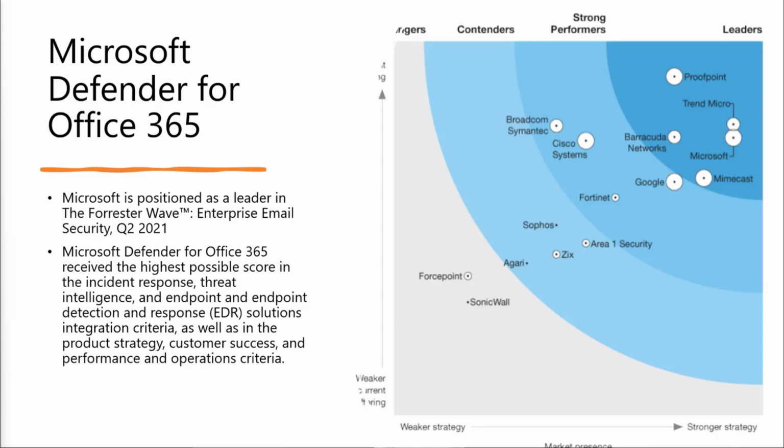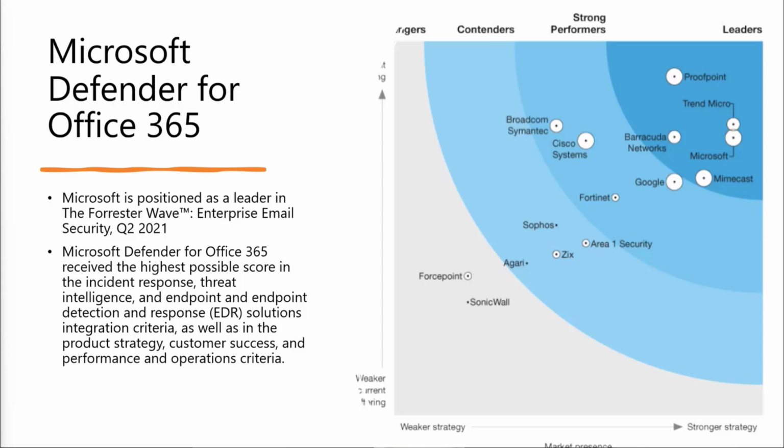So it's a strong and great product, and it depends on where you are in terms of Plan 1 and Plan 2 and so on. There's no doubt that if you have Plan 2, you might be in a better place than if you had none of the MDO services and just used Exchange Online Protection.